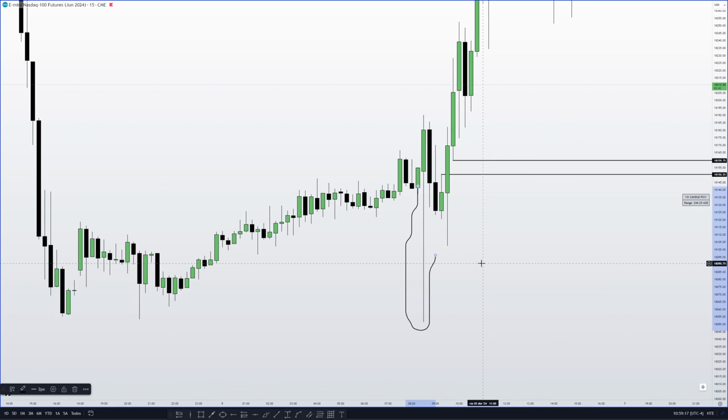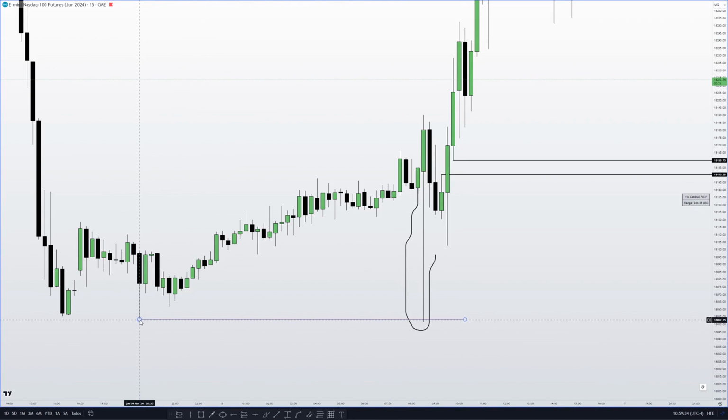So the difference between Nasdaq and Dow in this initial move in NFP is that Nasdaq took this previous low, this Tuesday low here. Look, Nasdaq took these lows. What happened with Dow?